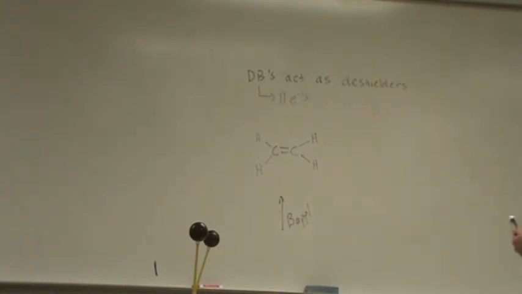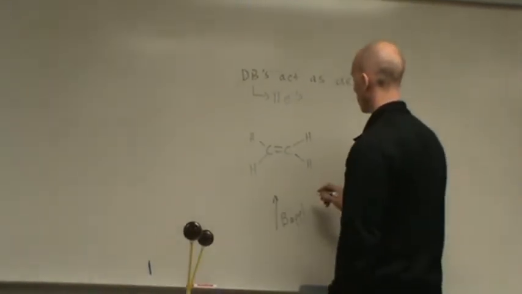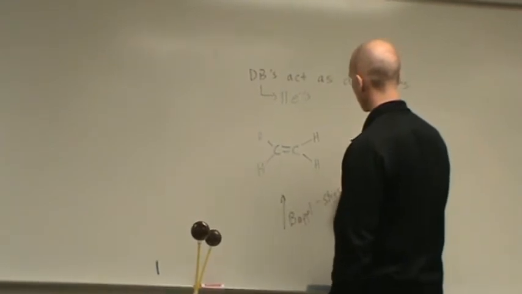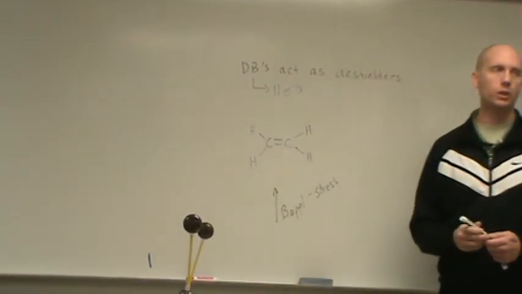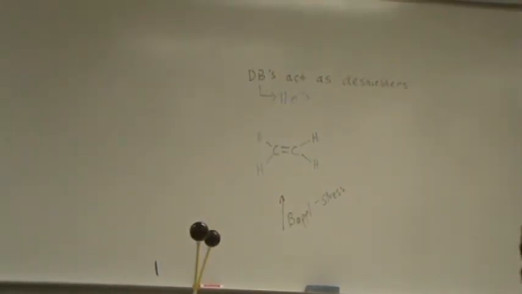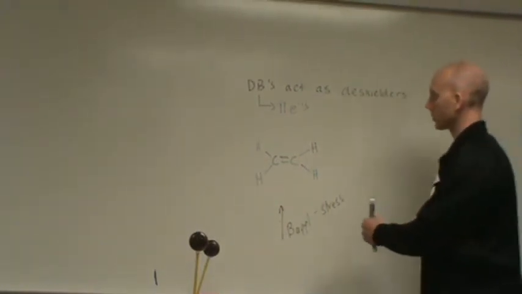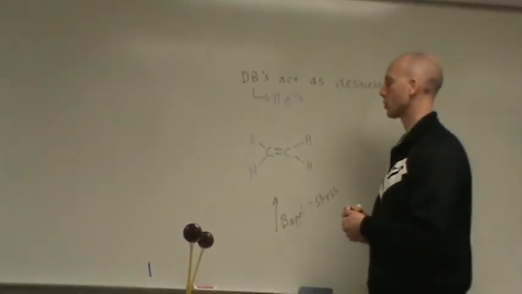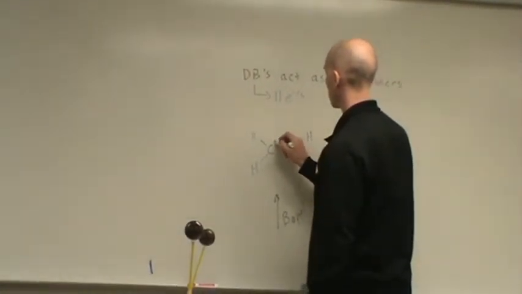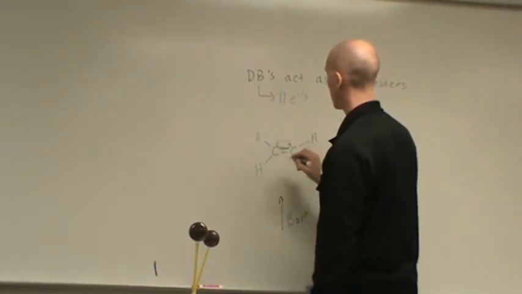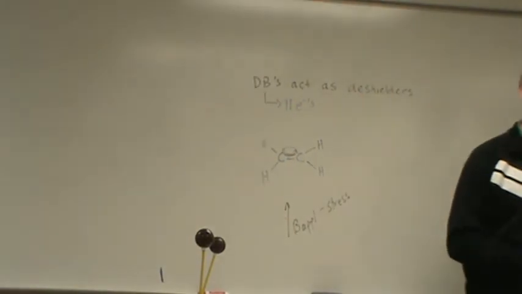What it's going to do, as it does in all molecules, is apply stress to the molecule. So if it applies stress to the molecule, what happens is these pi electrons in the double bond start circulating.